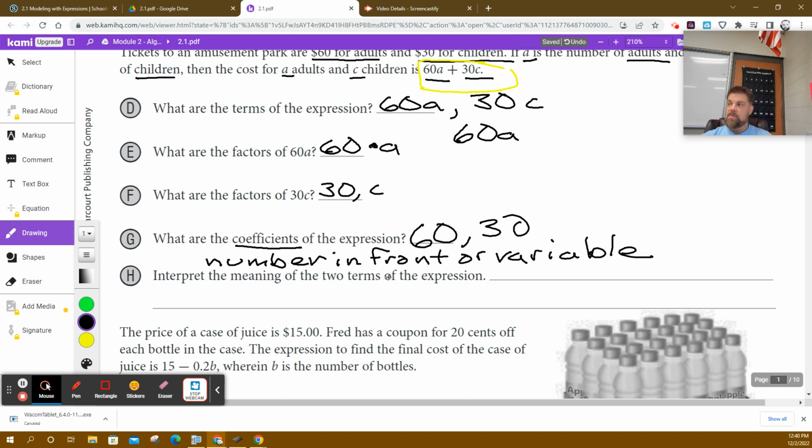So now we need to interpret the two terms. What does 60A mean or represent? That's the cost for adults. That's the total cost for the adults.